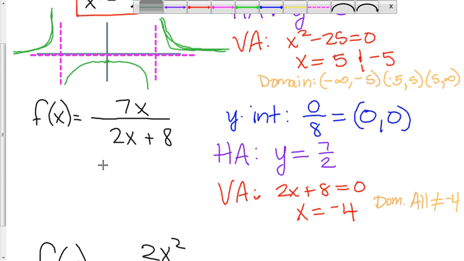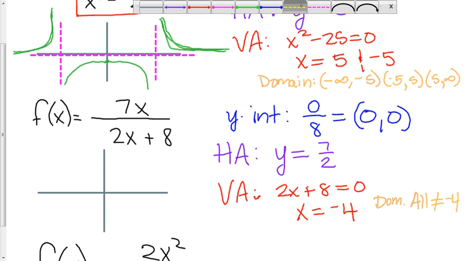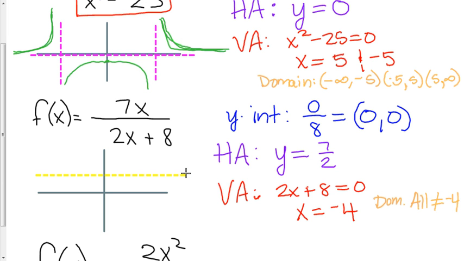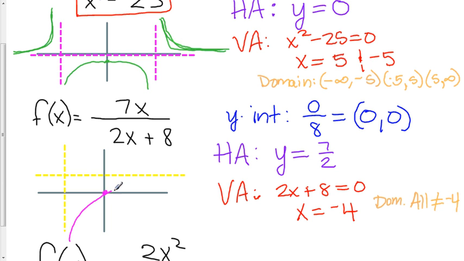Sketching the graph. Horizontal asymptote at 7/2. Vertical asymptote at negative 4. And it crosses at (0, 0). So probably does this.